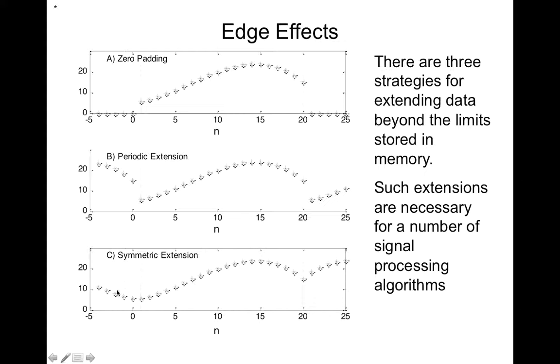And the other is a symmetric extension, which takes this early portion of the waveform and reflects it backwards, and takes the ending waveform and reflects it forward. And sometimes you will do that to minimize abrupt discontinuities in the data points at the end of the data record. So you notice here at n equals 20, in these first two examples, we have this abrupt jump in value between 20 and 21 that's actually not physically real. So if we do this symmetric extension, that smooths out the change that occurs at some data points at the beginning and end of the data set.